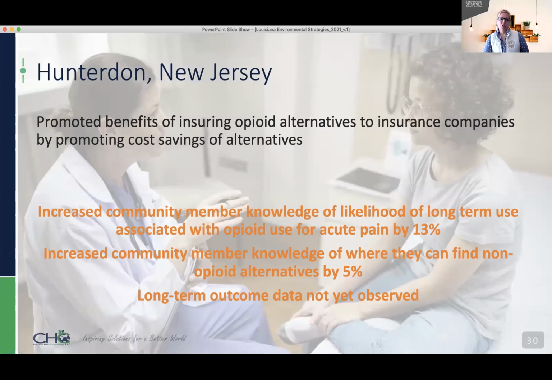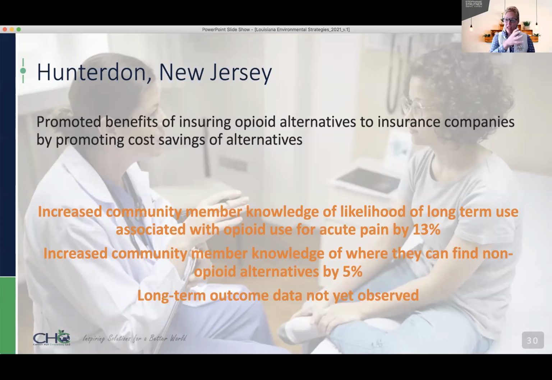In Hunterdon, New Jersey, the coalition there promoted the benefits of insuring opioid alternatives to insurance companies by promoting the cost savings. So they did a cost-benefit analysis of how much it costs someone to be prescribed an opioid for 30 days. We know, and there are strong data to show, that if someone uses an opioid for 30 days, there's a 33% chance that they will still be using that same opioid a year later.